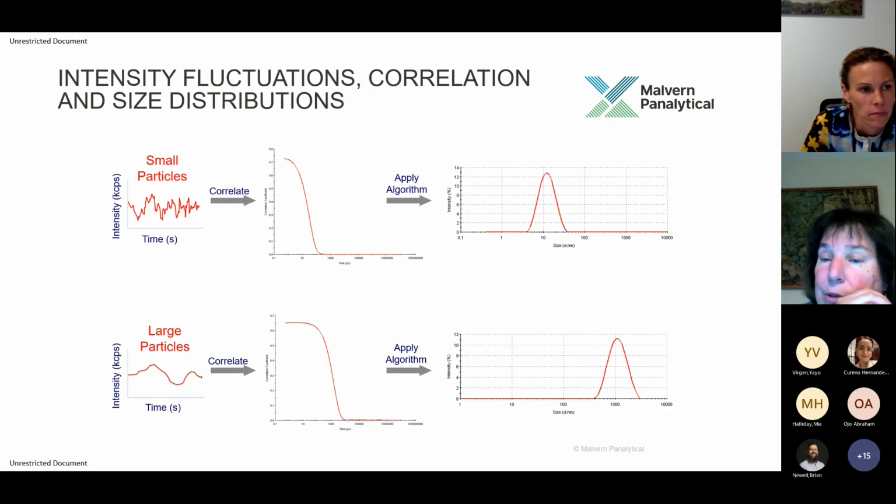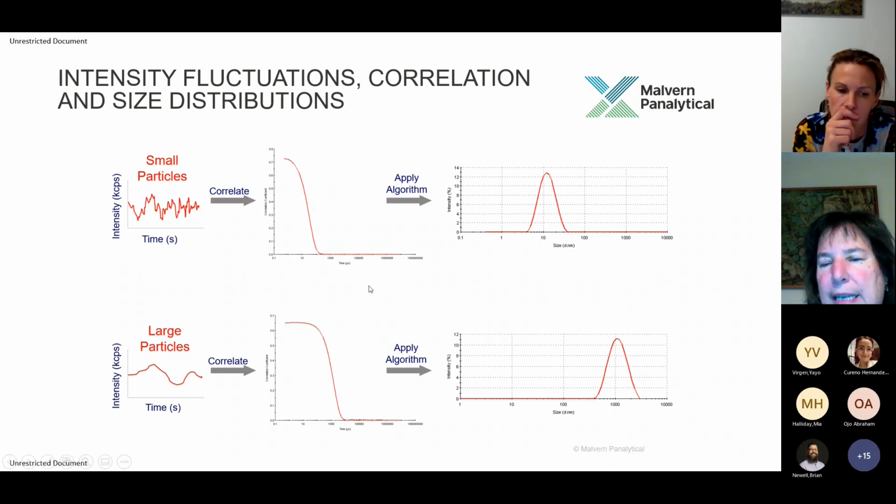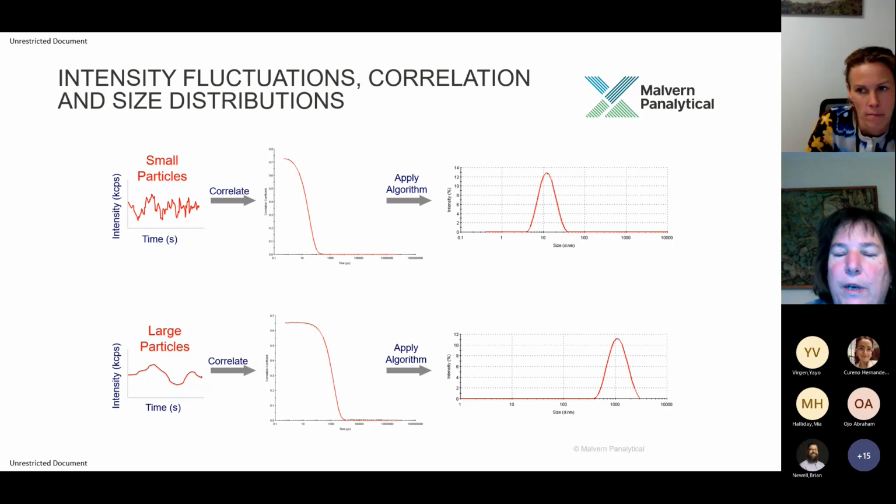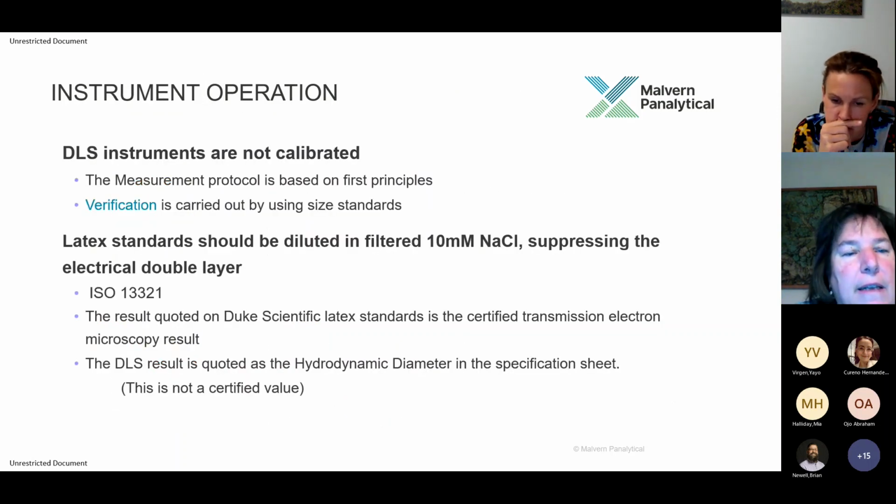And then there's also a distribution fit that is obtained from the data, which is a summation of exponential fits in order to fit these correlation functions out to a later time period. And that gives us, again, this full size and size distribution fit that you get in your data. So there are two algorithms that are applied. One is called a cumulant fit, and one is called a distribution fit.